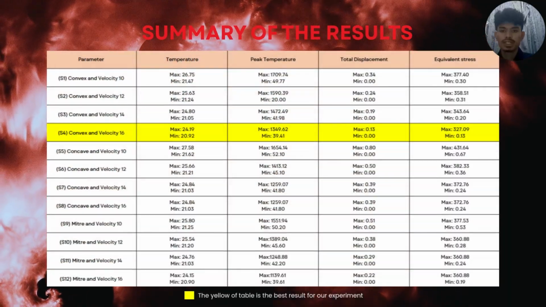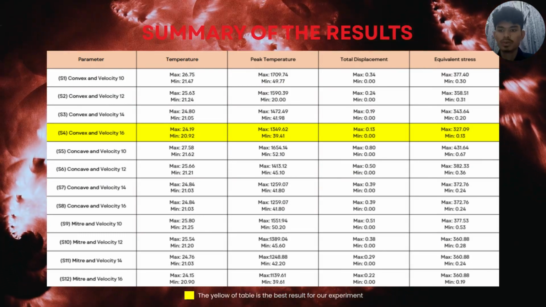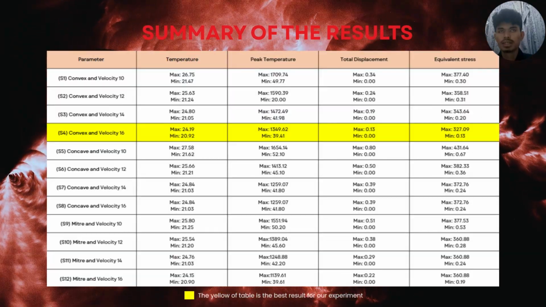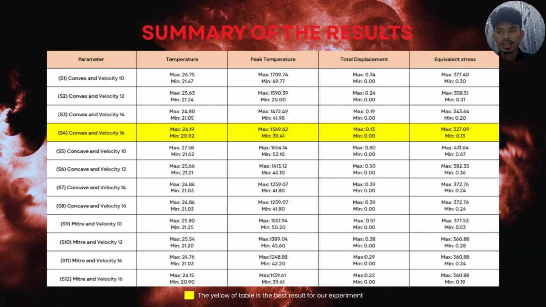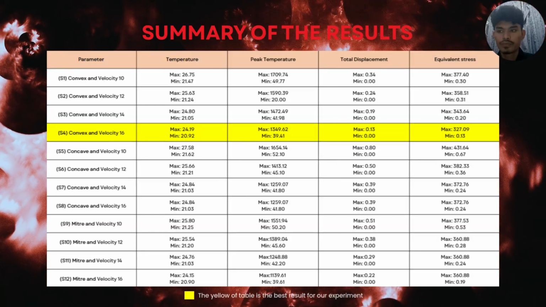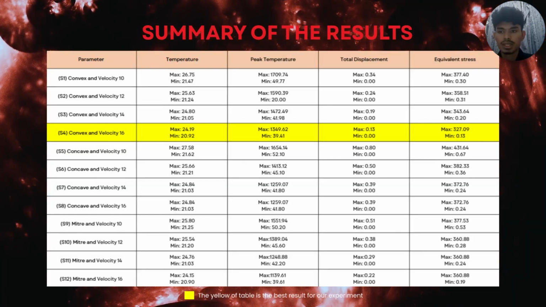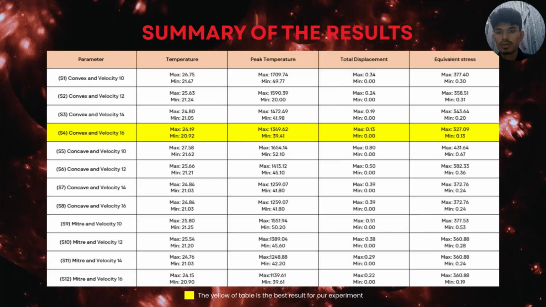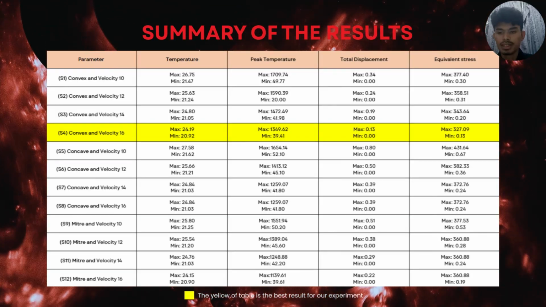After the discussion, we go through the summary of the results. All these in the table are the results after the welding. When you look at the yellow table, that is actually a good result, the best result we get, other than the white table.